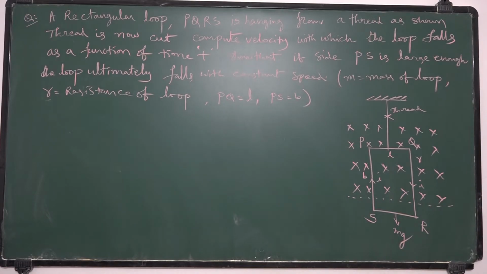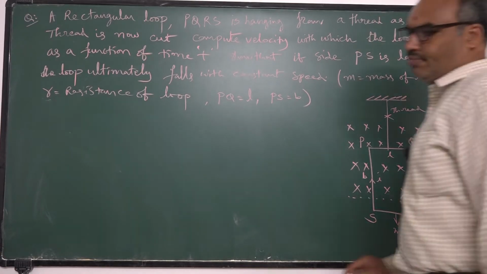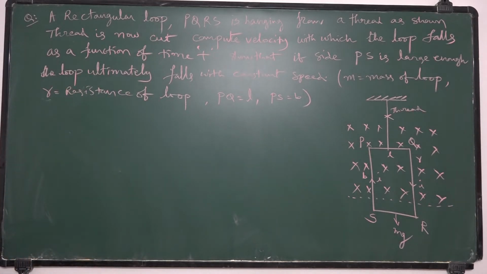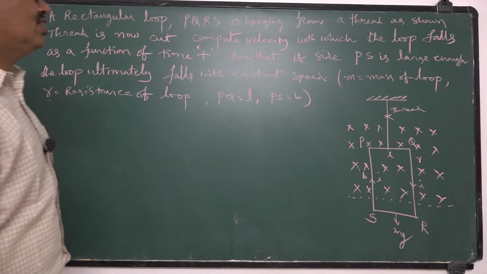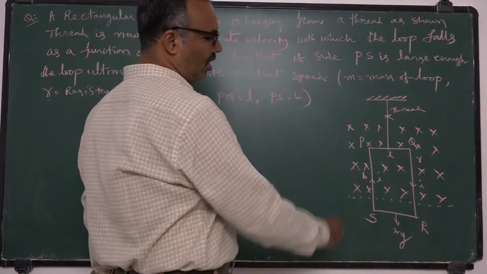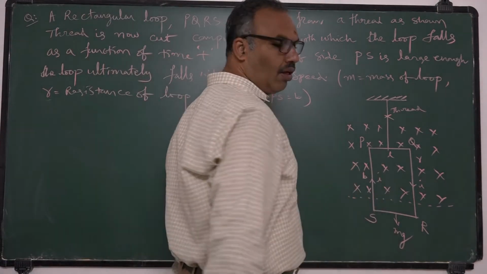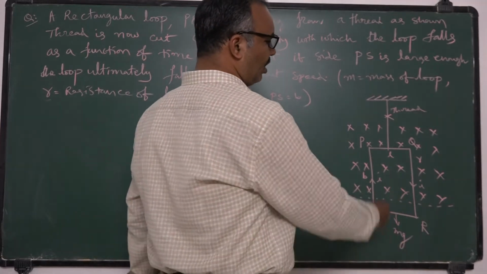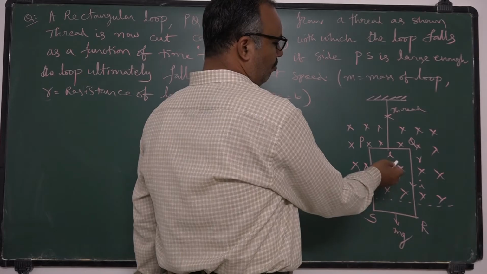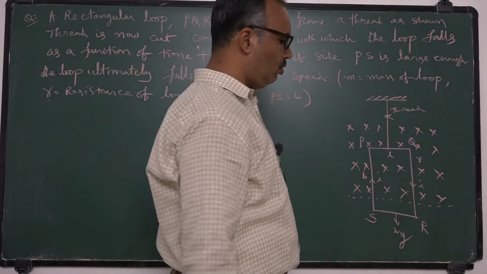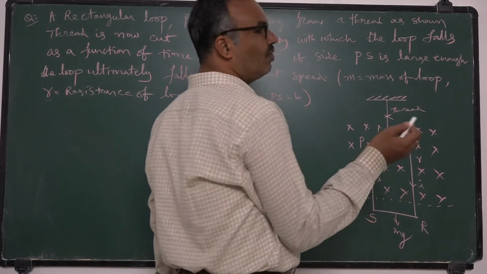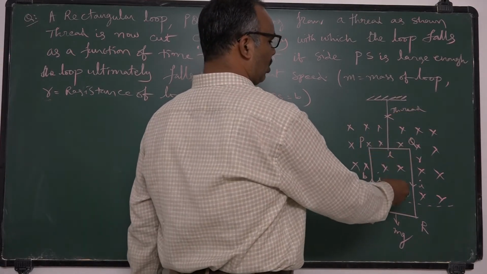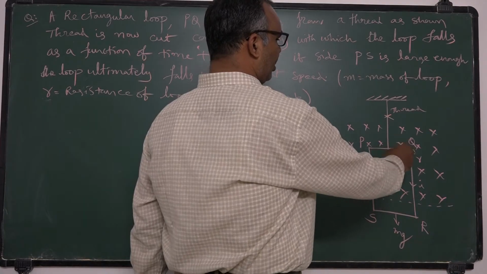This question is clearly based on induced EMF, and the direction of current is given according to Lenz's law, as the flux linked with the loop is going to decrease with time. That means the magnet is moving away from the loop. When the magnet is moving away from the loop, in order to attract the magnet, a south pole has to get generated here.